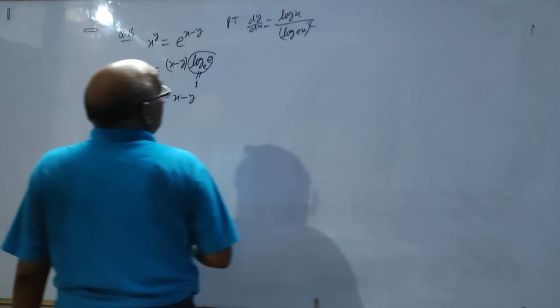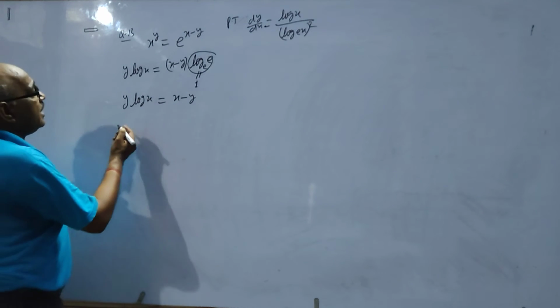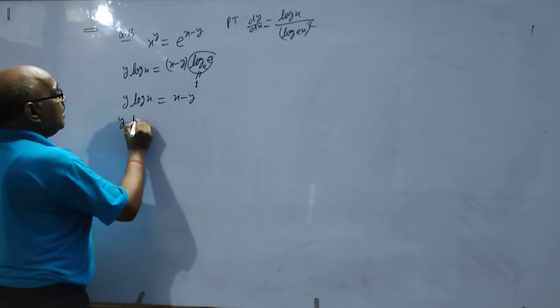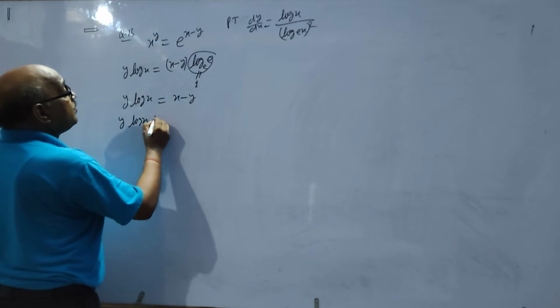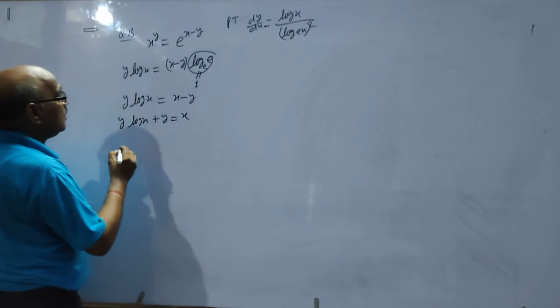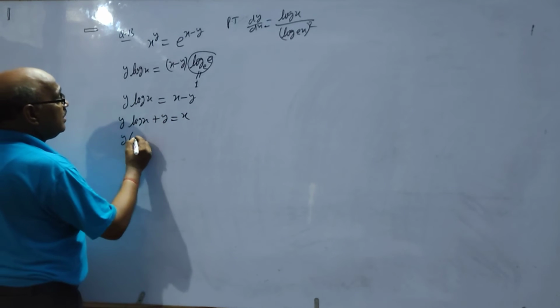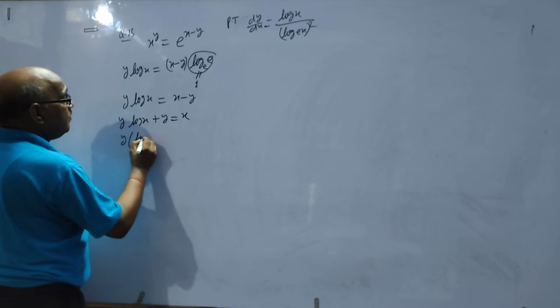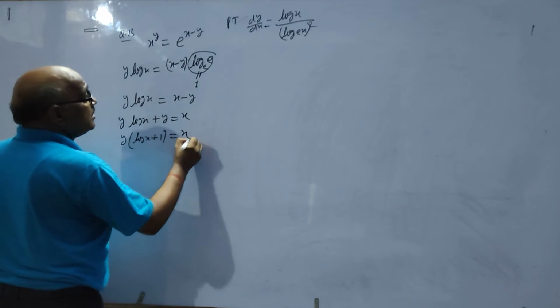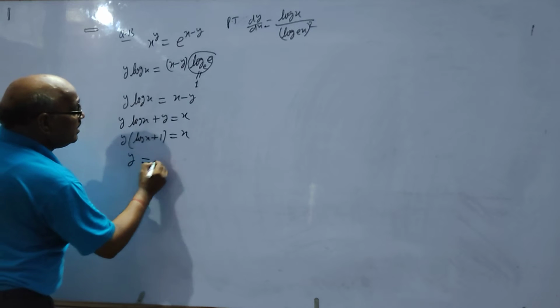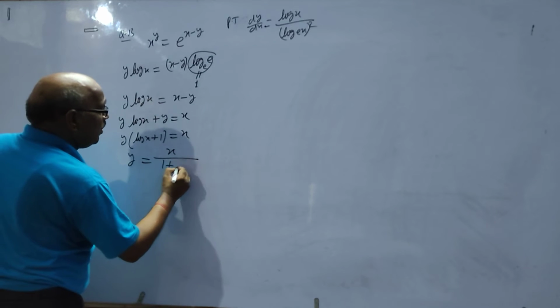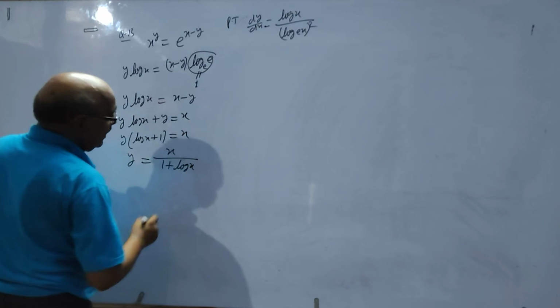Now you are supposed to find dy over dx, so bring y to one side: y log of x plus y is equal to x. Now y is common: y times log x plus 1 is equal to x. So y is equal to x upon 1 plus log x.